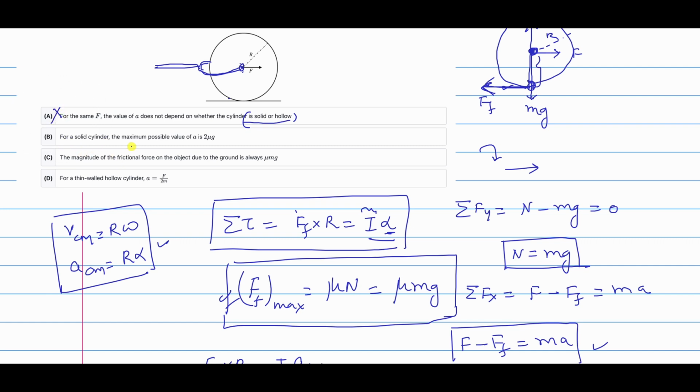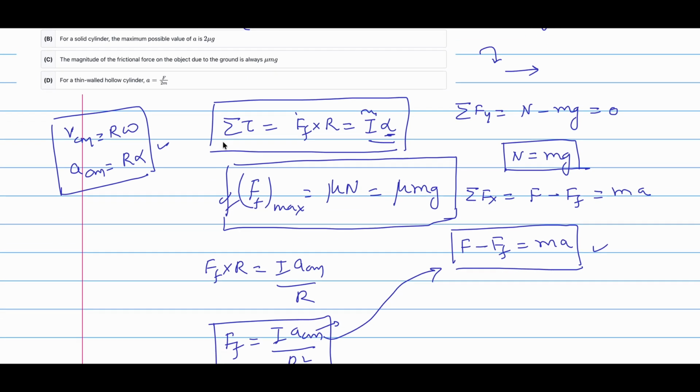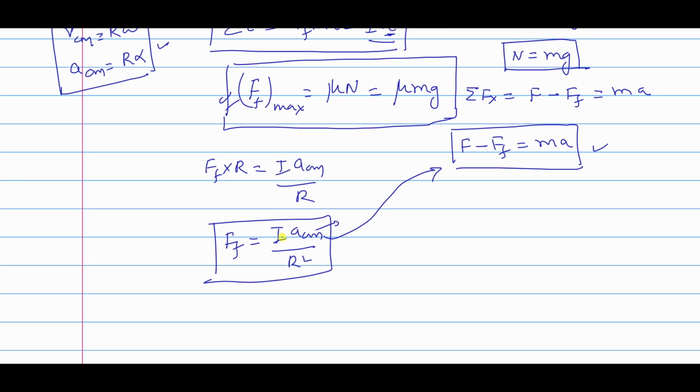For a solid cylinder, the maximum possible value of A is 2 mu g. So it is asking, for a solid cylinder, what will be the maximum possible value of A. We know that maximum force of friction is mu m g, which is equal to, for a solid cylinder, moment of inertia that is half m R square, and A center of mass upon R square.